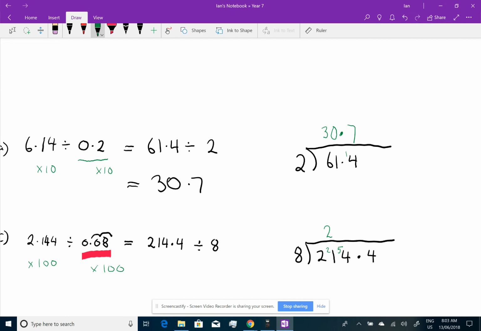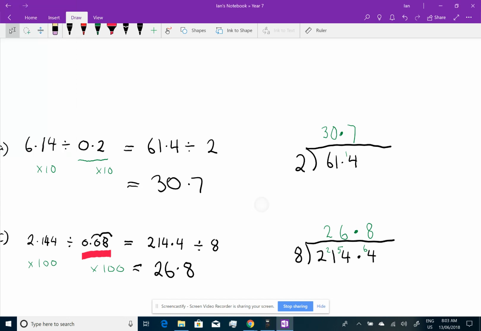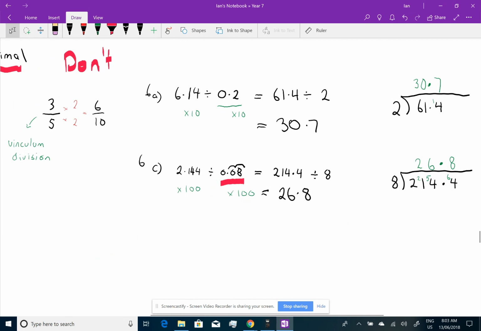So 6 8s are 48. So 6 with 6 left over. Put the decimal point in. 8 into 64, well, that goes 8 times. So I think my answer is 26.8. I check on my calculator. 2.144 divided by 0.08, 26.8. Now these are difficult. You need time to practice.